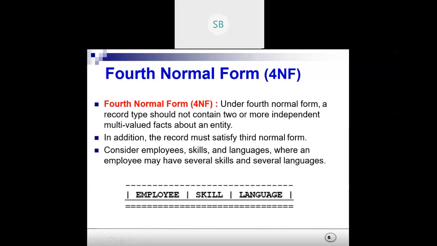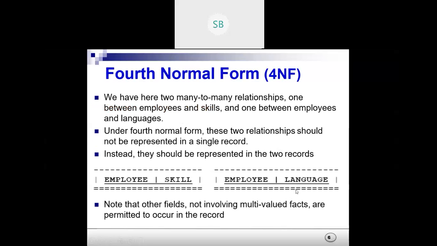Even in skill, if a single employee has computer skill, singing skill, dancing skill, multiple skills together is not possible. So in fourth normal form, we break the table. We can break it as employee skill, one table, and employee language, another table.